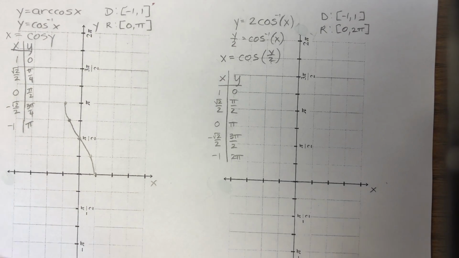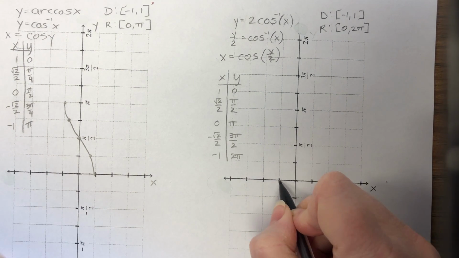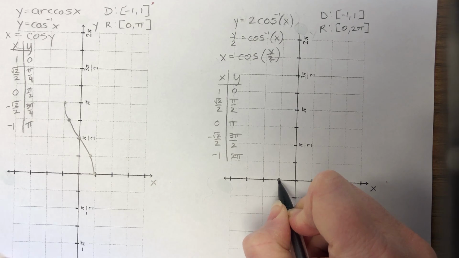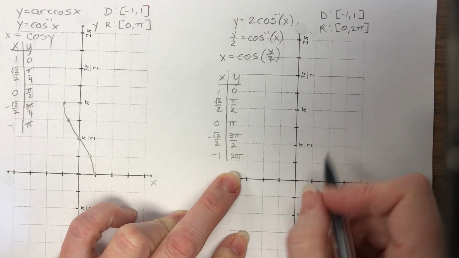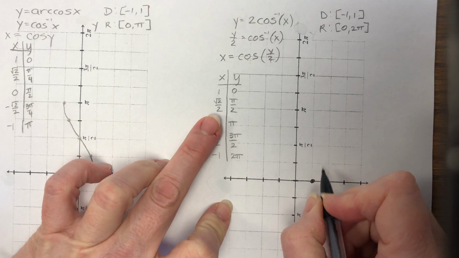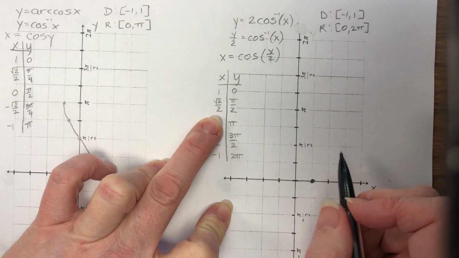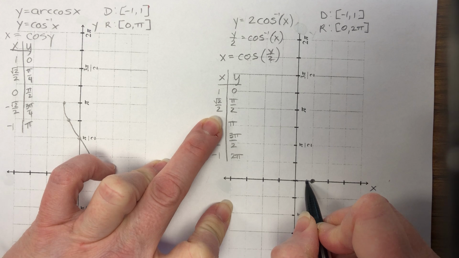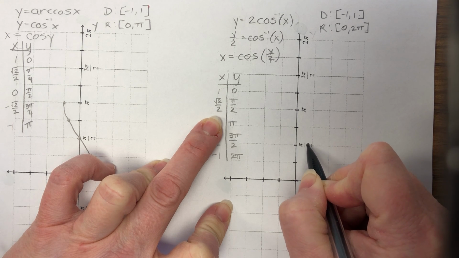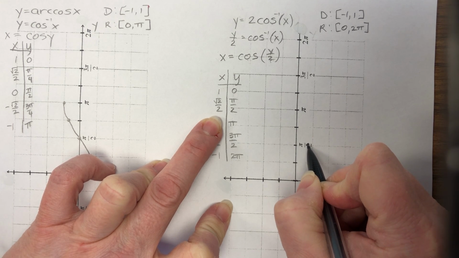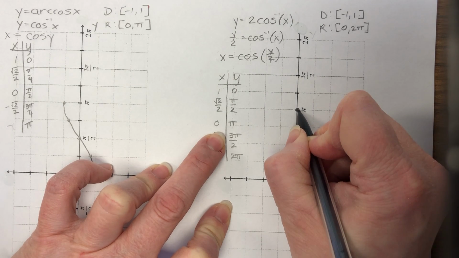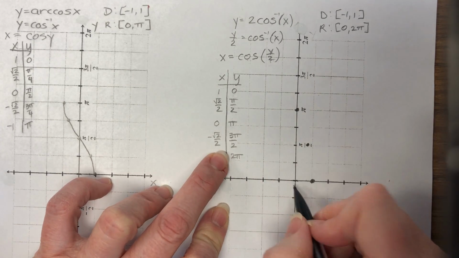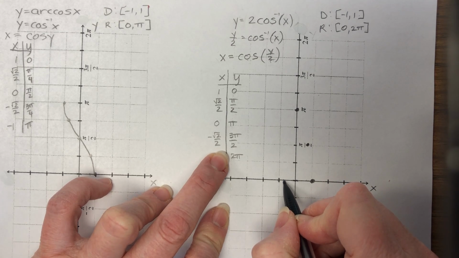So when I graph this, 1, 0, or excuse me, 1, 0, square root of 2 over 2, which is again 0.7. It's now up at pi halves. It's twice as big. 0, pi, negative square root of 2 over 2, or negative 0.7.